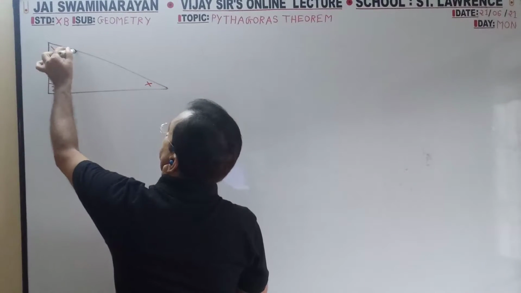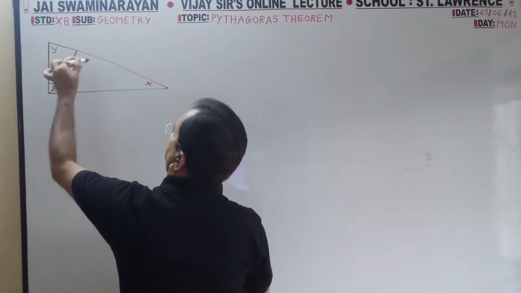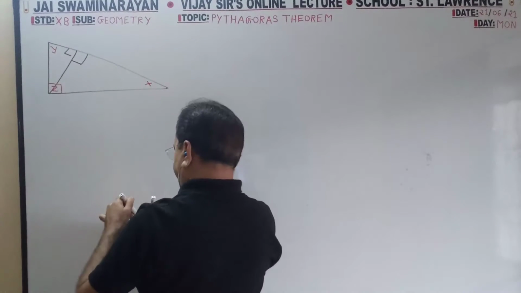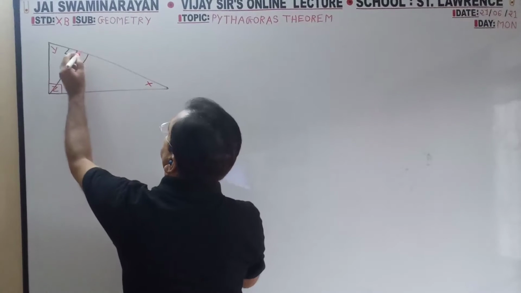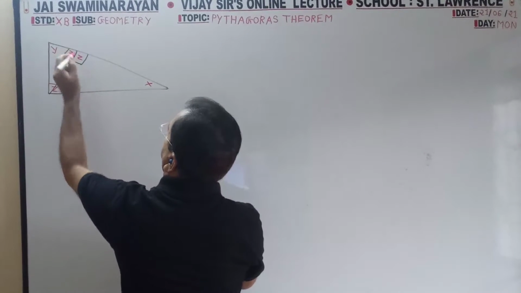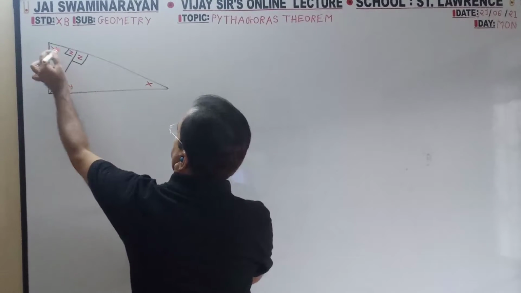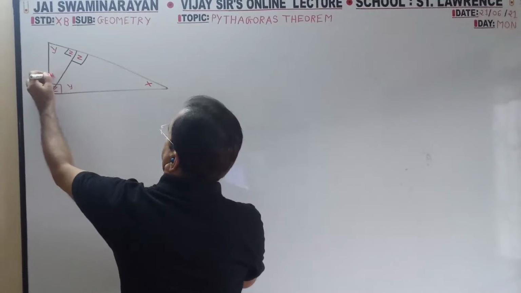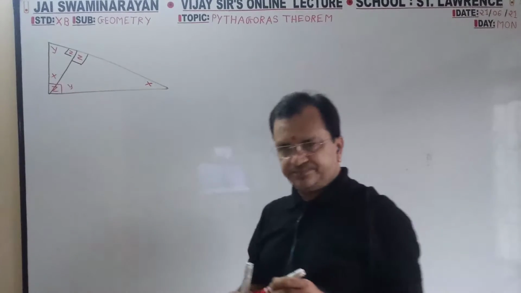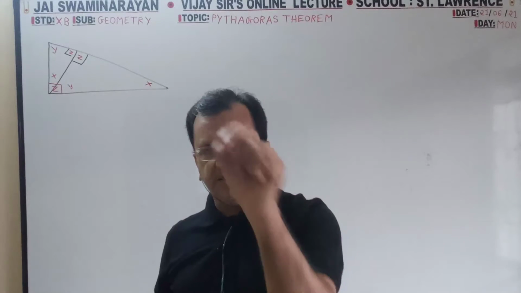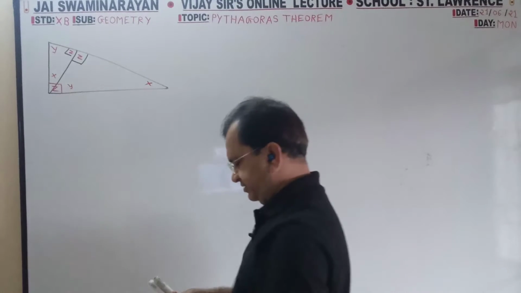Then here again draw a perpendicular. I said 90 means Z. So in this triangle X, Z and this is Y. In this triangle Y, X and Z. So now we have three triangles, XYZ, XYZ, XYZ.